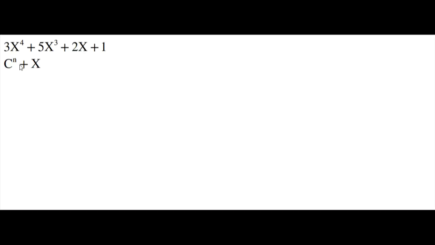And y prime equals n times c to the power of n minus 1. That's all you get, because remember, the integer is discarded.